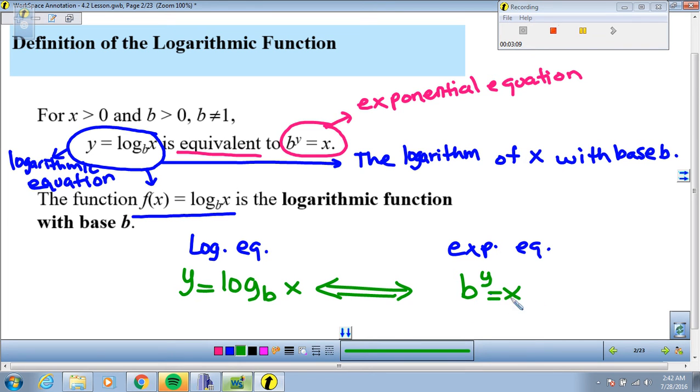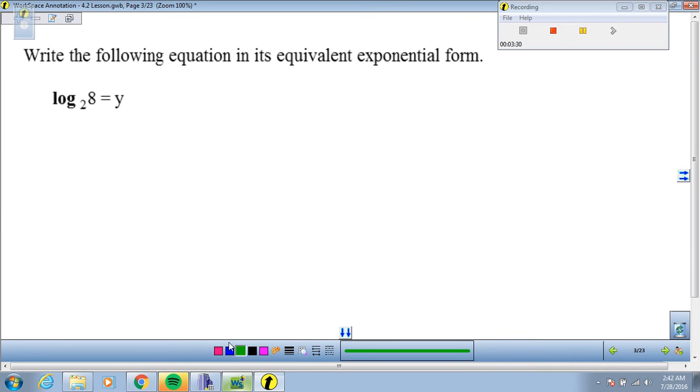That's the x that you see in the exponential equation. So just know that you can go back and forth between these two forms of writing an equation. This section is really focusing on logarithmic, but since we learned about exponential functions in the previous section, it's incorporating that in here.